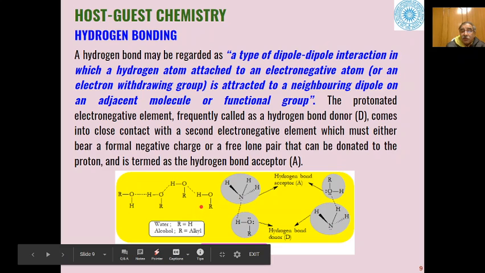Similarly, sorry, this is an intramolecular hydrogen bonding, and intermolecular is between two molecules. Ammonia is having a hydrogen bonding with alcohol. So this is electronegative part. Nitrogen is electronegative. This is electropositive. They will form a hydrogen bond. So this is hydrogen bond acceptor. This is hydrogen bond donor. So such type of interactions, they will lead to the formation of host guest complexes.